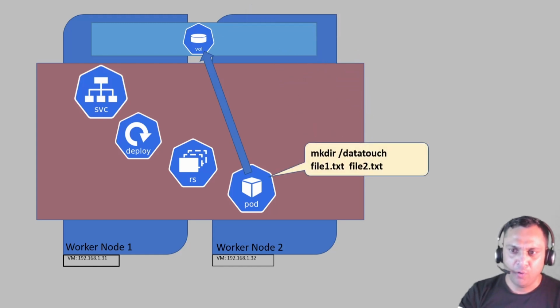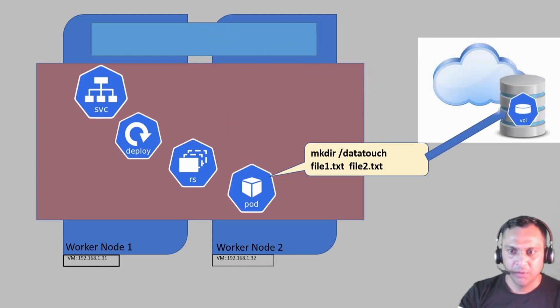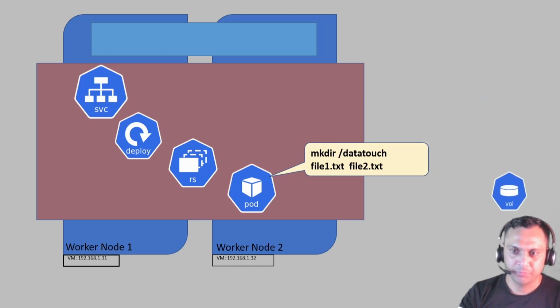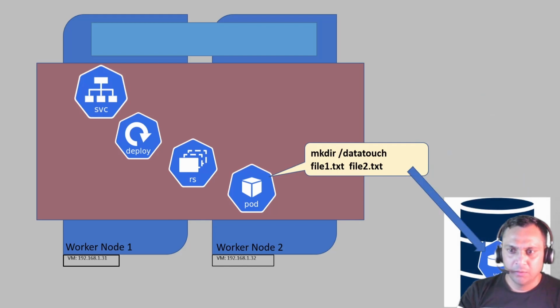It retrieves all the previous data. A good thing is that you can use this volume either in the cluster or at the cloud level, or we can use on-premises SAN, vSAN, NetApp or an NFS server.